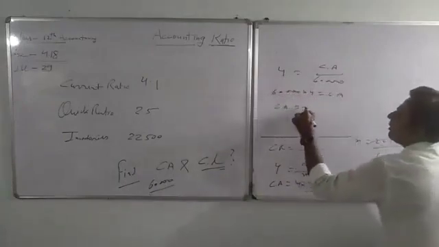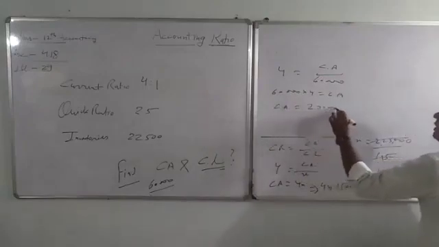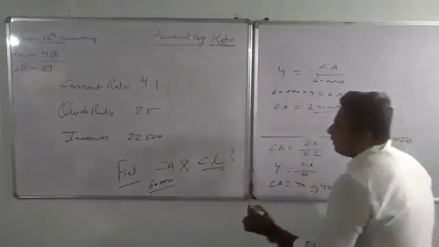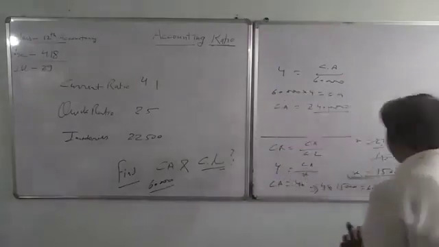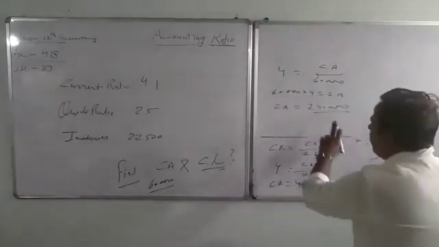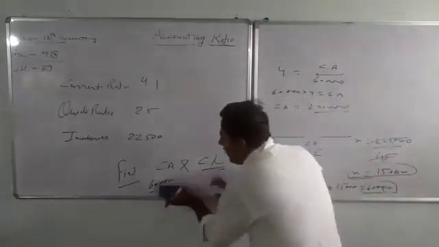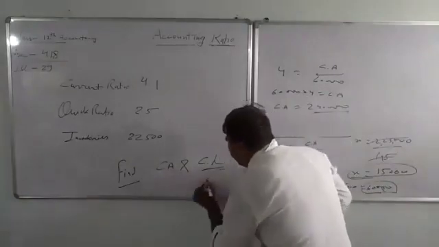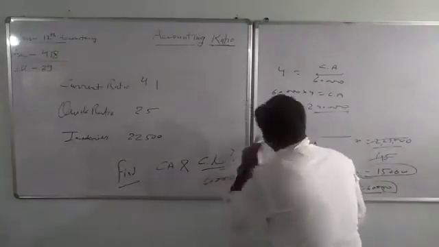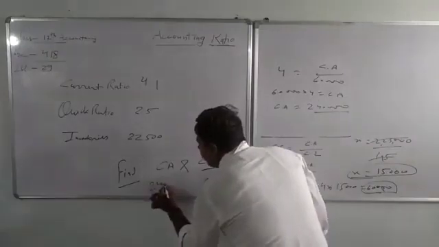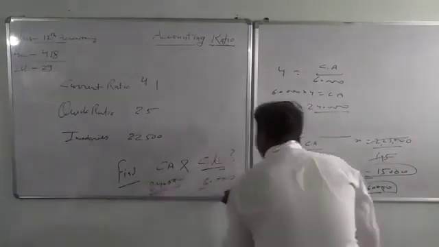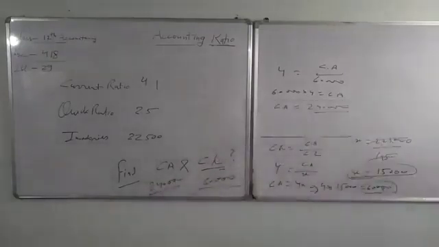So current asset is equal to 2,40,000. Sorry. Current asset is 2,40,000. That I have written was current liability. It must be written here 60,000 and 2,40,000 is current asset.